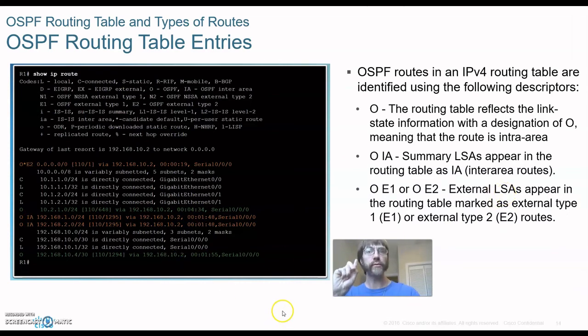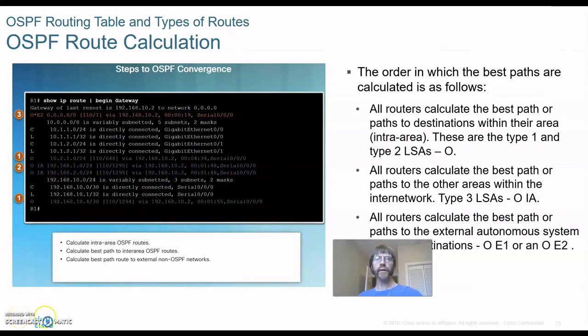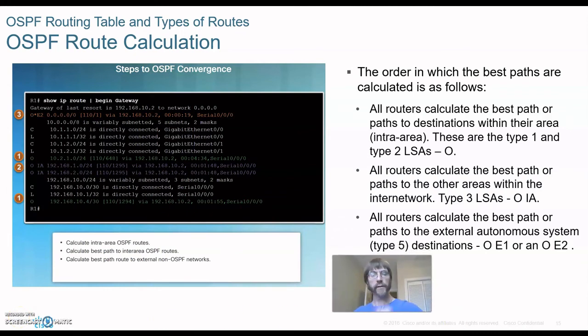Let's talk about route calculation now. One last thing to discuss before we move on to multi-area implementation is the order in which the routers are going to calculate their best paths. They're going to start with their type 1s and type 2s, their intra-area routes.